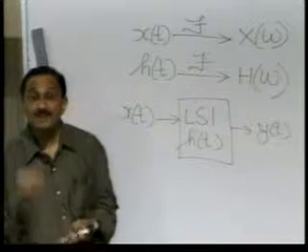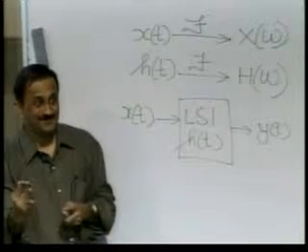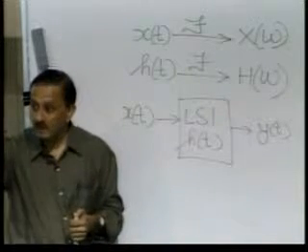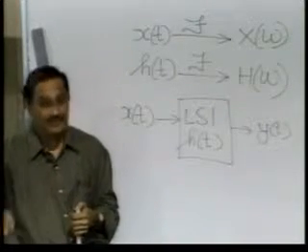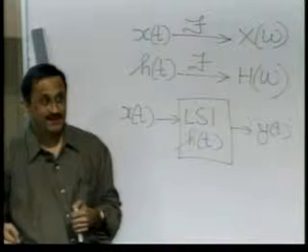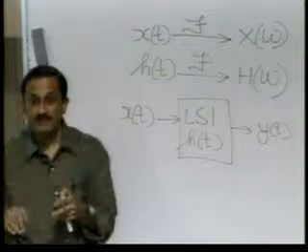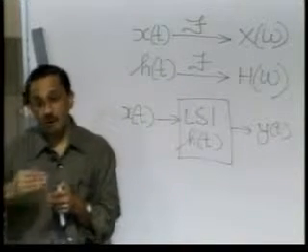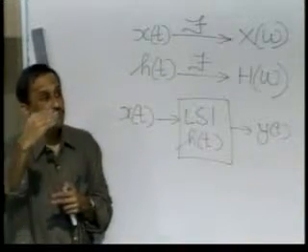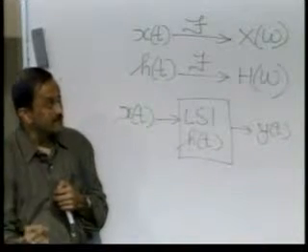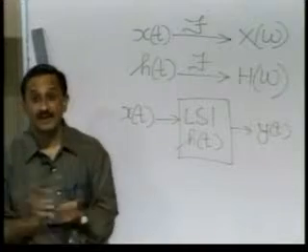It's a decoupled relationship, isn't it? It's decoupled in the sense that the effect seen at a point omega on the frequency axis at the output relates only to the corresponding contribution from the input and the corresponding contribution from the impulse response at omega. It does not bring in other omegas.